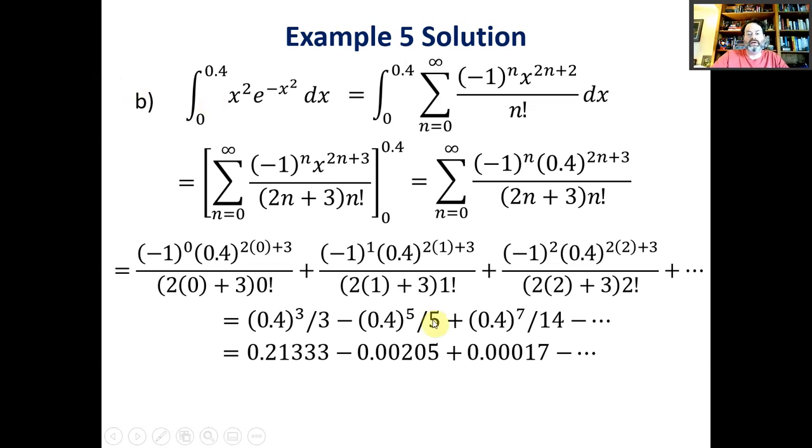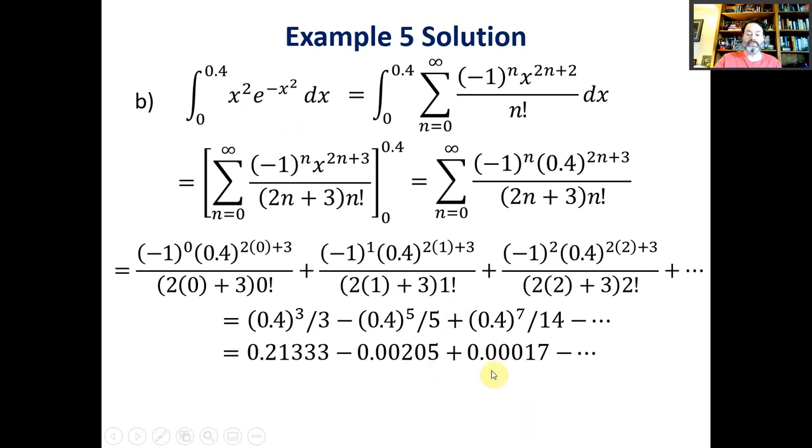And what we see from the alternating series estimation theorem is that once the a_(n+1) term is farther to the right than whatever we're interested in, then the partial sum up to that value, but not including that value, is in fact equal to this integral, but to the number of decimal places specified, which in this case was 3.